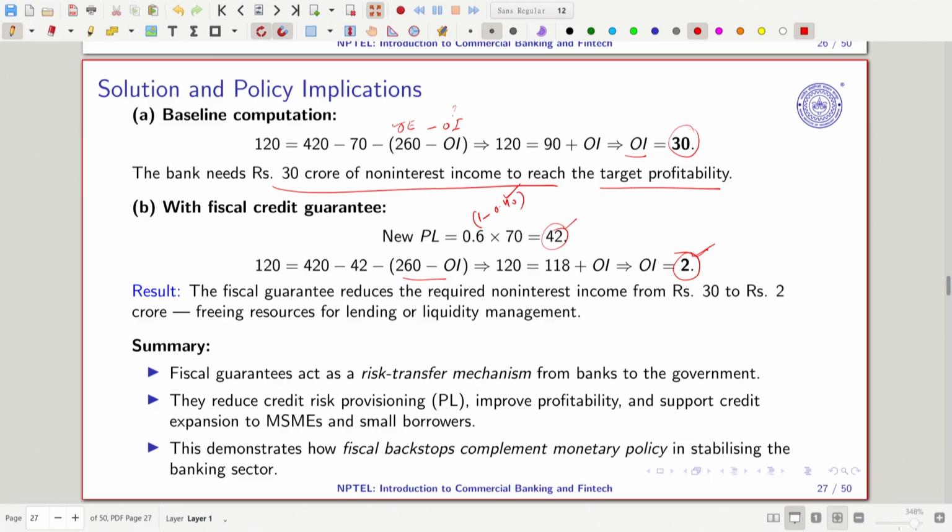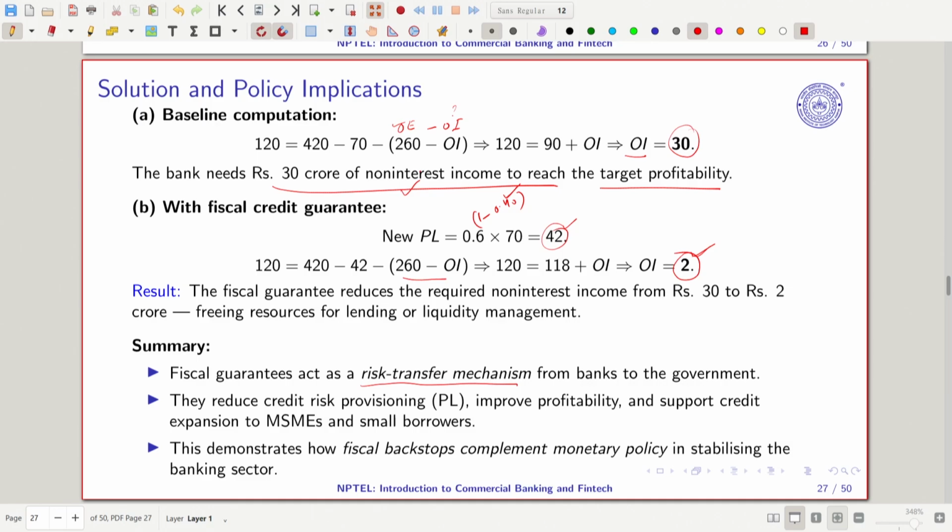So this is what it means. What is the meaning? That fiscal policy acts here as a risk transfer mechanism, and it helps a lot, and banks may not be charging so much from customers. Non-interest income is in the sense of what banks charge for ATM use and minimum balance accounts.